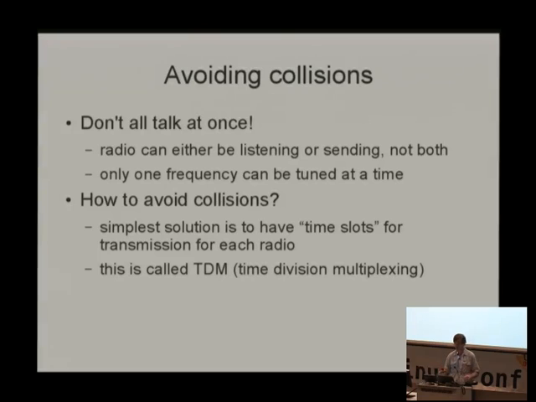And there's lots of different ways to do this. The simplest is called time division multiplexing, and so that's what I went for, where you divide up time into slices, and one of the radios gets a chance to transmit in the first slice, and then the other radio can transmit in the next slice.